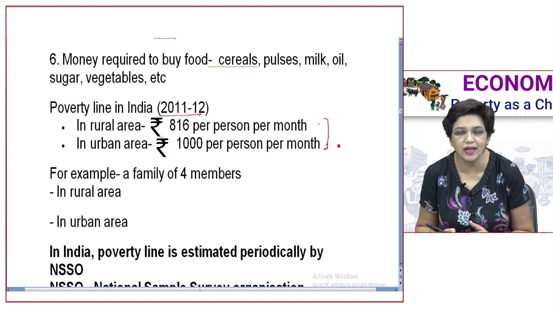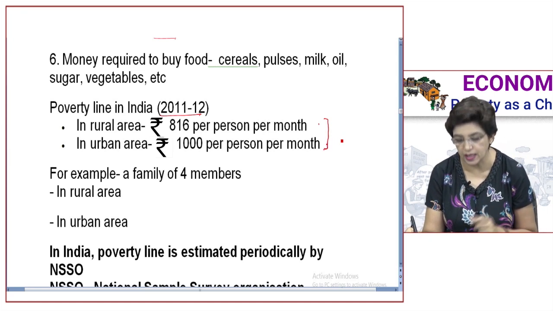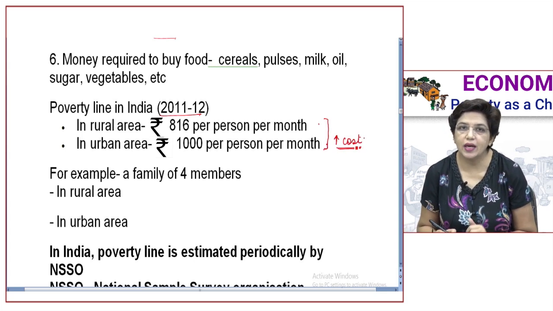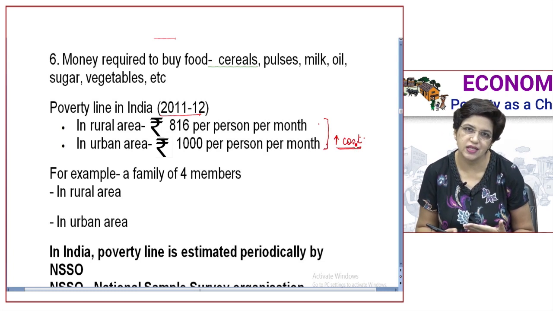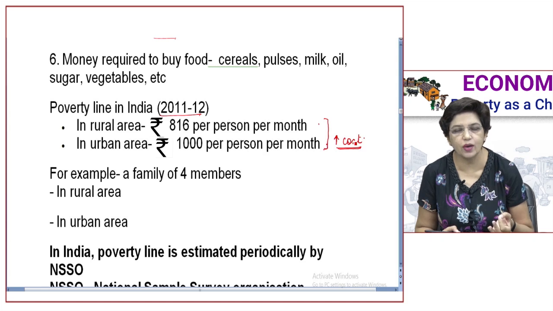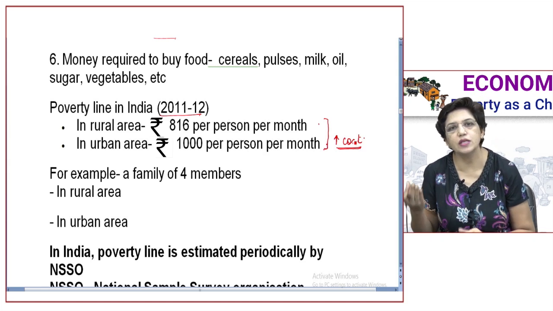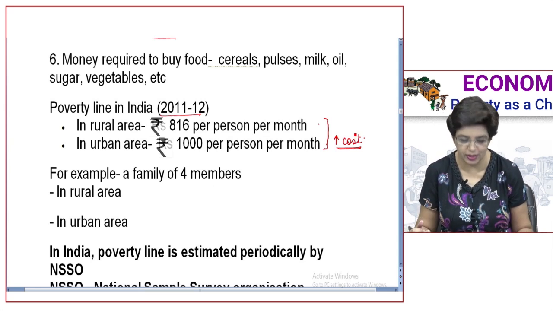What is the reason for that? The reason is that the cost of essential commodities in urban areas is high. Because of higher cost, the total amount required to buy food and other essential items is higher in the urban areas. So on one hand, the calorie requirement is higher in rural areas, but the poverty line is always higher in urban areas because of the higher cost of goods.